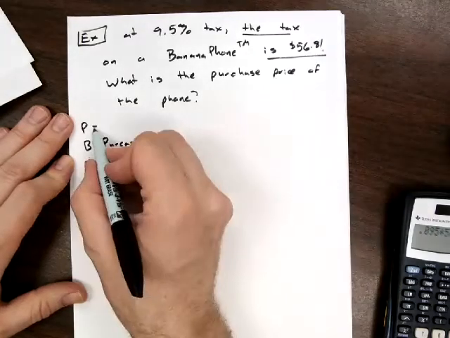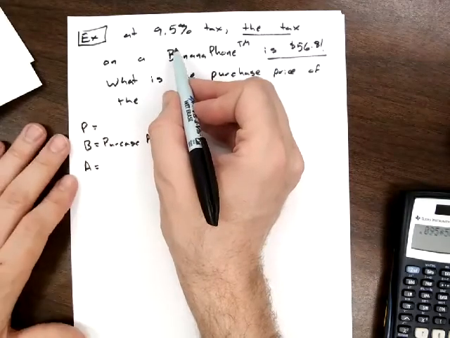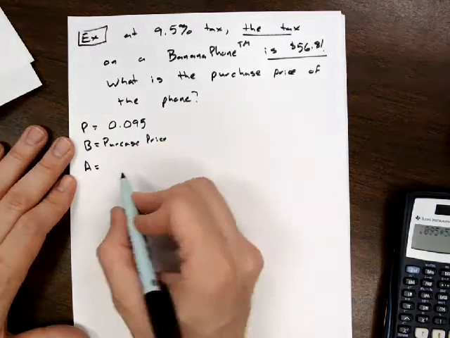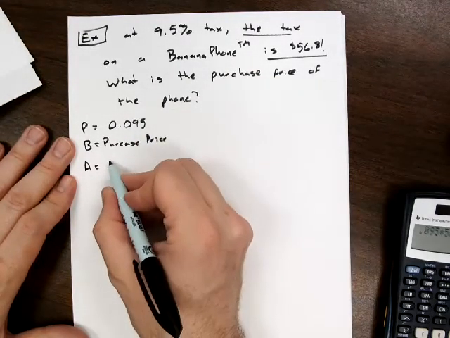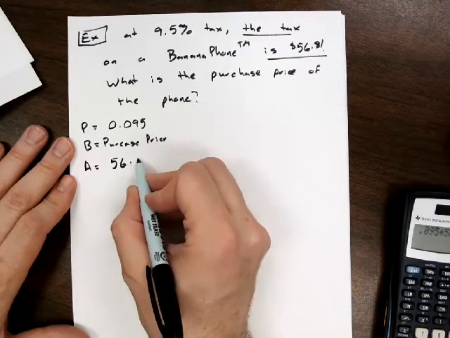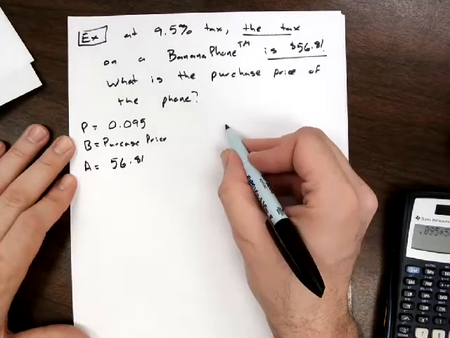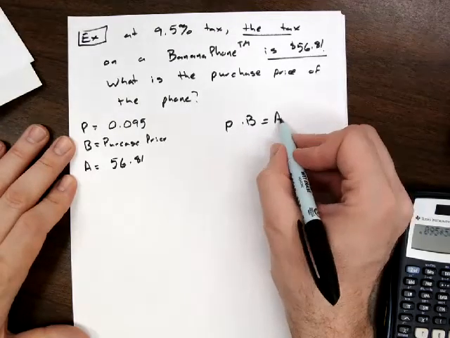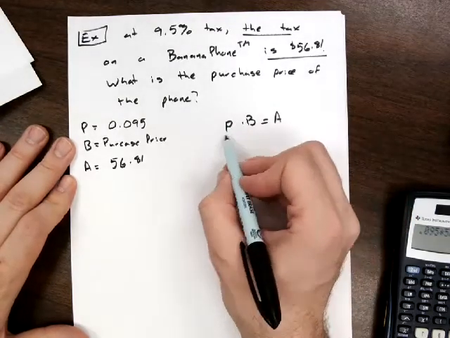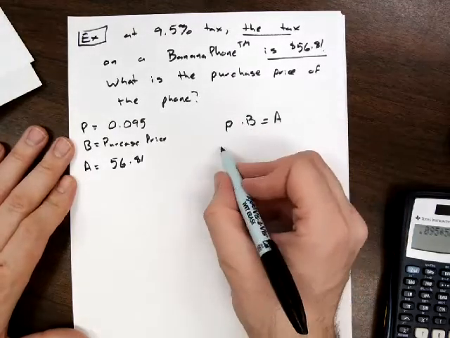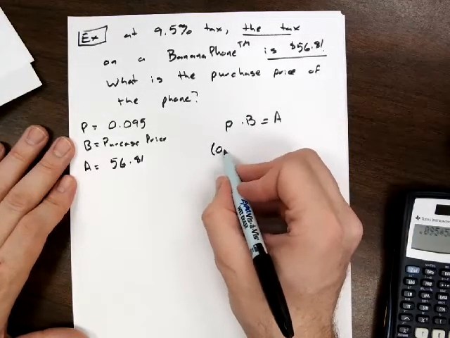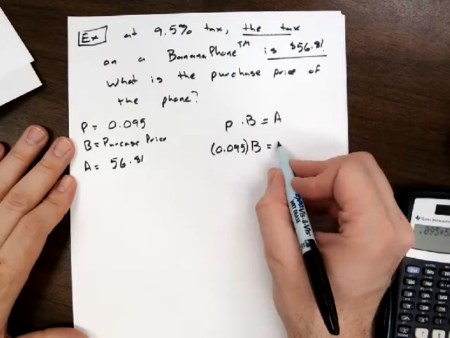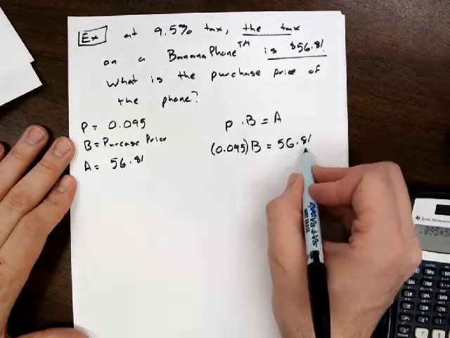Like I said, we know what that percentage is, it's 0.095, and our amount was $56.81. Well, let's go ahead and plug this in. Percent times our base is equal to our amount. We know what our percent is, we know what our amount is, and we're looking for our original price. So that's going to be 0.095 times that B is equal to $56.81.